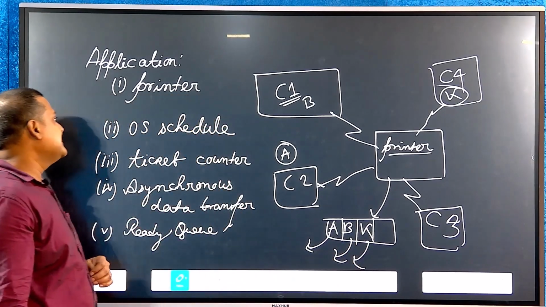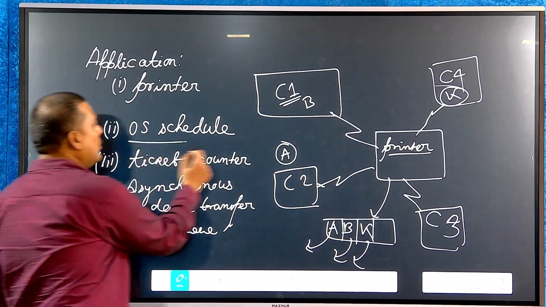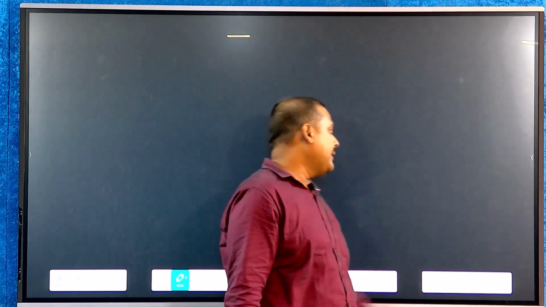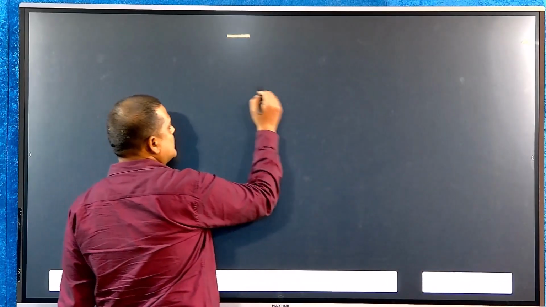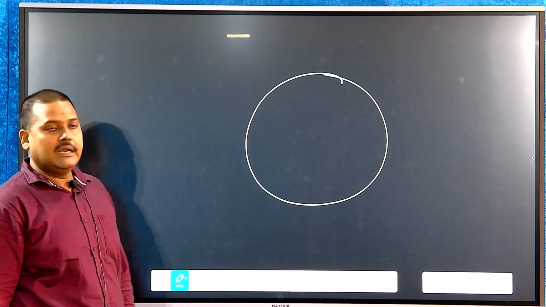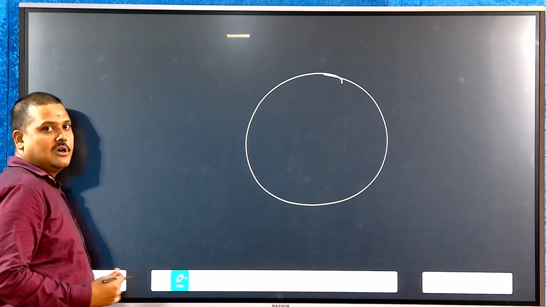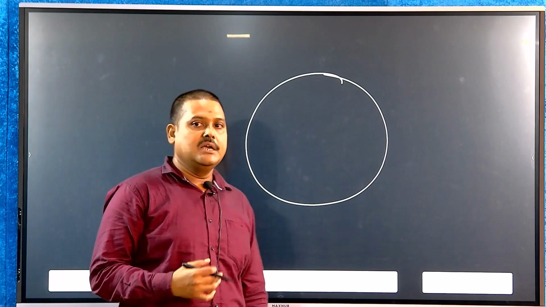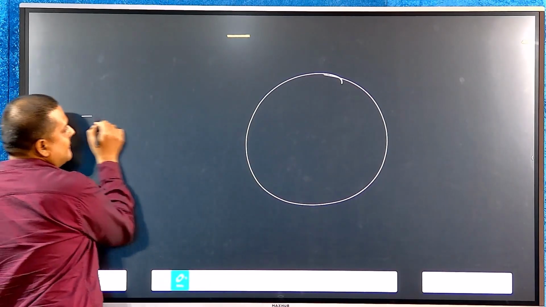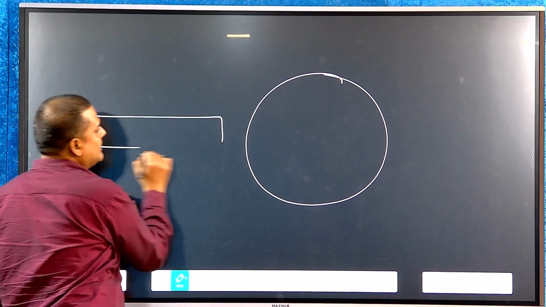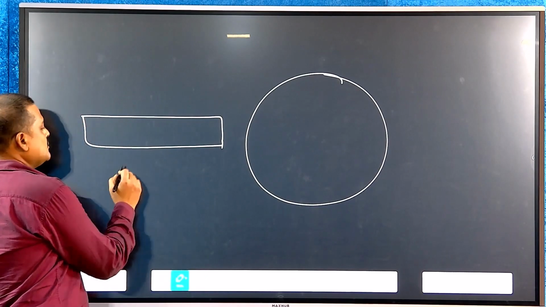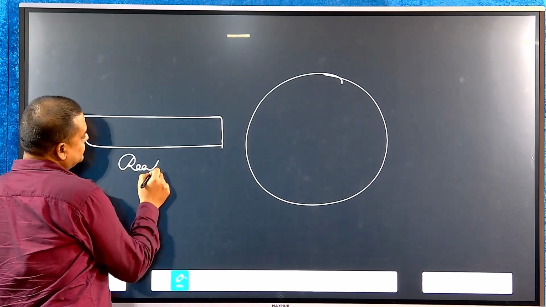Let us have another example, like the operating system scheduling jobs. Say this is our processing unit, the processor. Whenever we perform multiple jobs, tasks or processes, a particular memory space is used, and this memory space is called the ready queue.